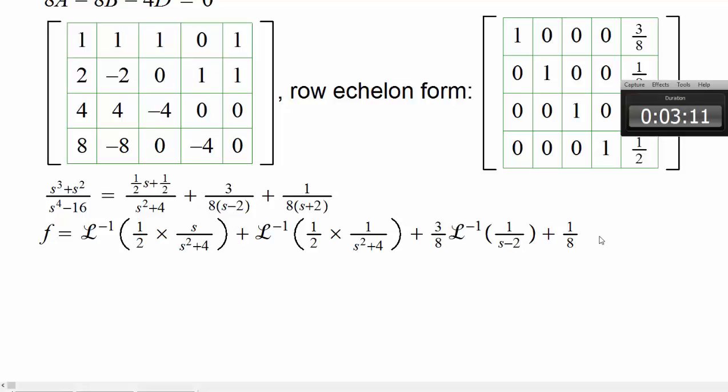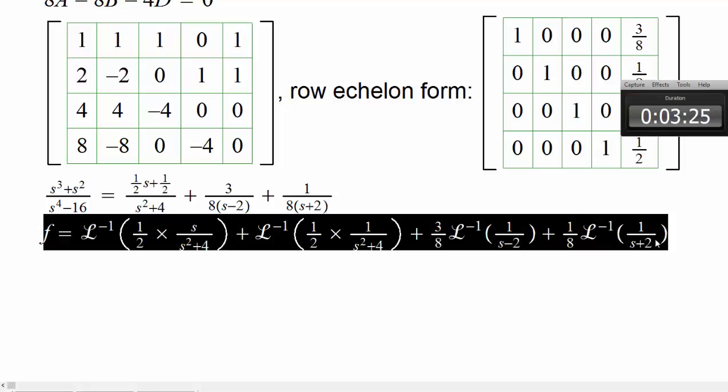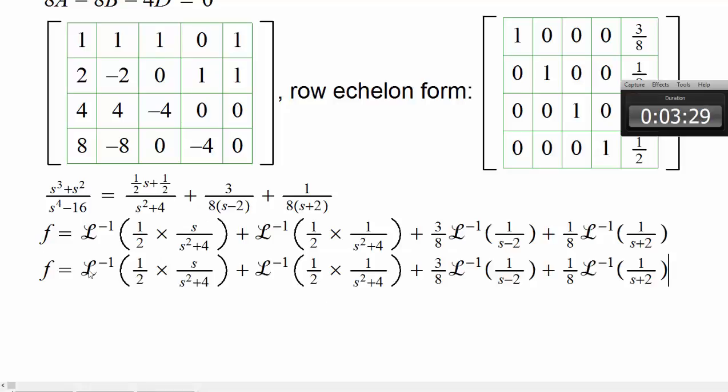L inverse, and then what do we get? 1 over s plus 2. Let's just write it again in a little friendlier form.